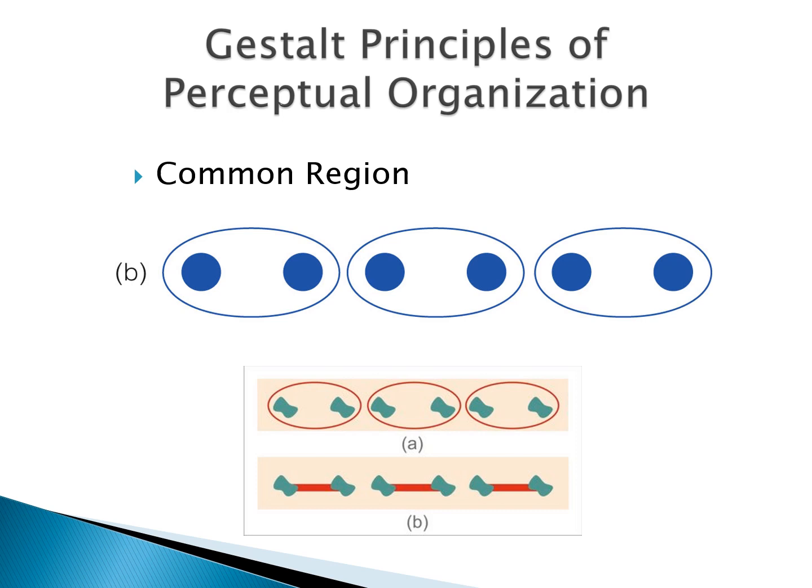And even though that next tack is close to my other tack, I'm going to separate it out based on common region. And we're going to see this a couple of times where one heuristic trumps another heuristic.